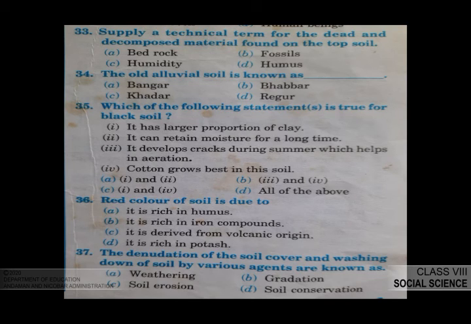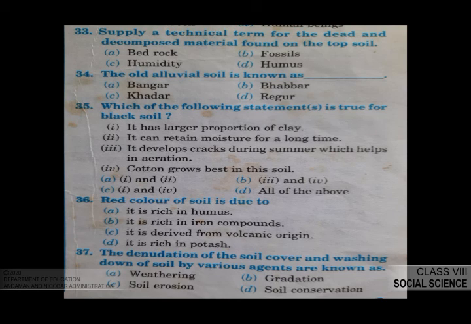So the next question is, red color of soil is due to. So here, why does the color of the soil become red? So the reasons have been given here as options. Just have a look. First, it is rich in humus. Second, it is rich in iron compounds, or it is derived from volcanic origin, or it is rich in potash. So you have to choose the best option.